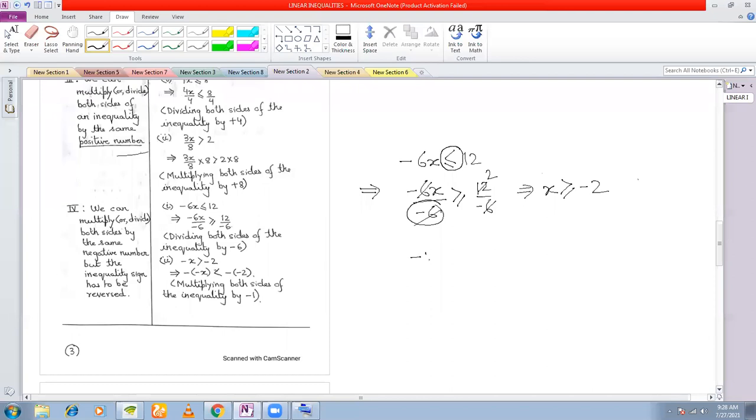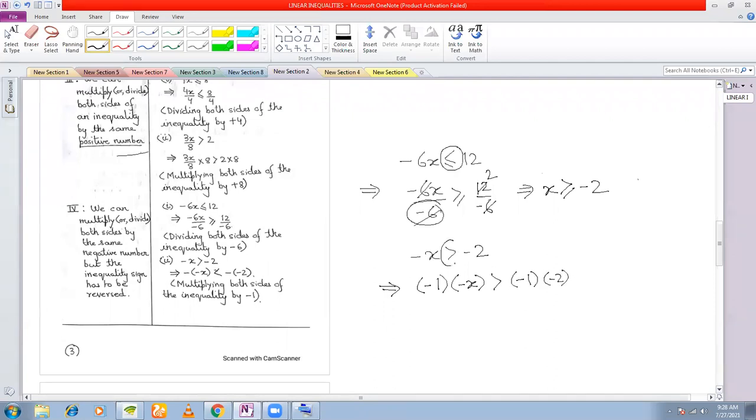Let us consider another one. Minus x greater than minus 2. See here, I have a negative sign on both sides. If I want to remove the negative sign on both sides, I have to multiply, even divide also, you can think of it. I have to multiply both sides by minus 1. So let's multiply both sides by minus 1. -1 into -x greater than -1 into -2.